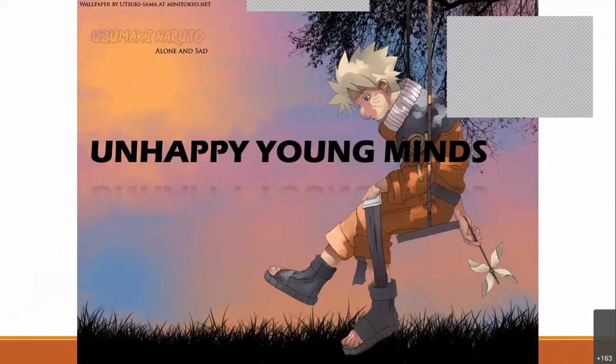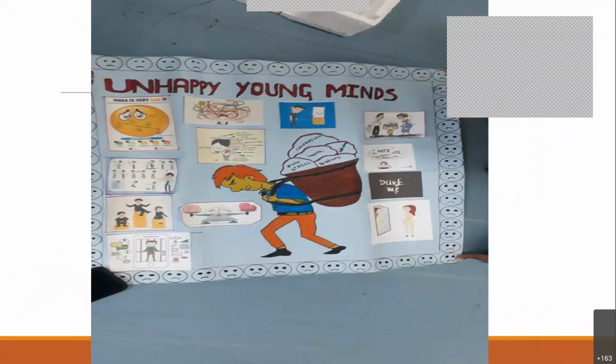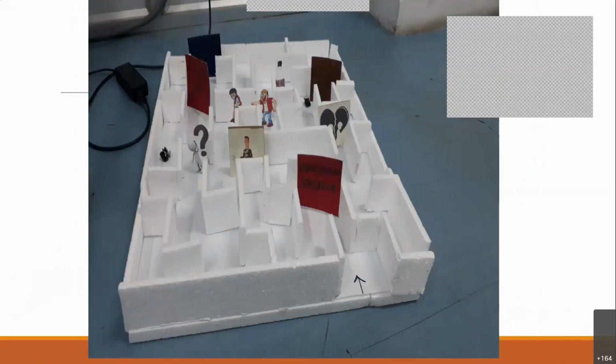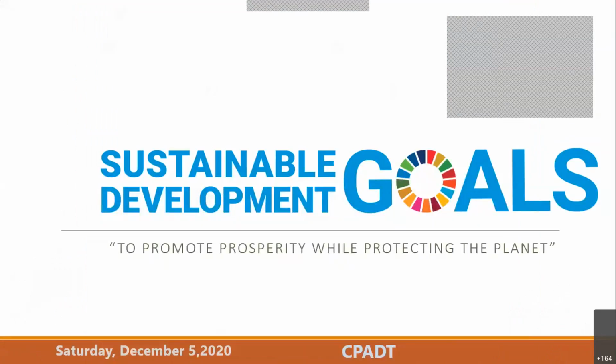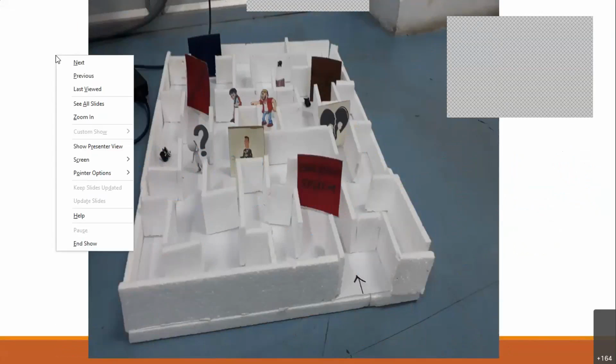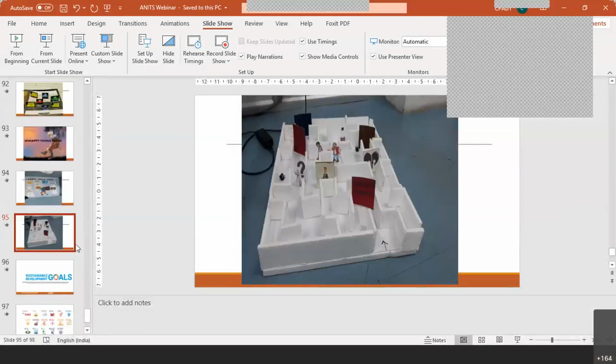India's happiness index is very, very low. So what is the reason that our young minds are so unhappy? They worked on this, and they say there is a lot of stress, corporate stress, study stress, parents insisting on them. So for all this, they have come out with what could be the best solution. They made all this. So this is how our students work.